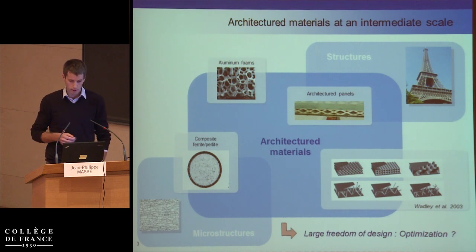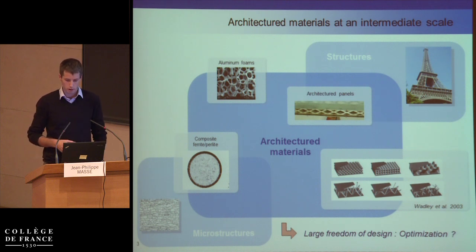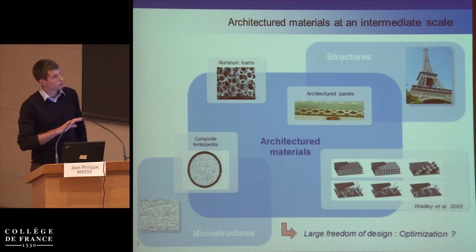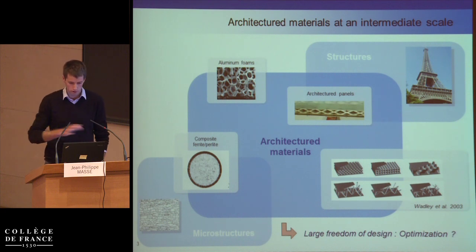Here we manage to distribute the matter, mixing material and void, to get the best compromise between the given properties. And I'm going to talk about architecture panels that are much closer to structures than microstructures.